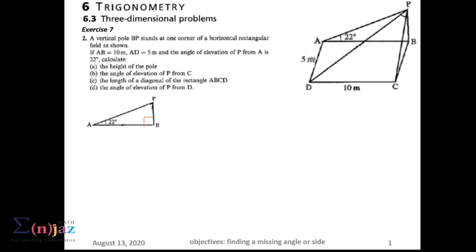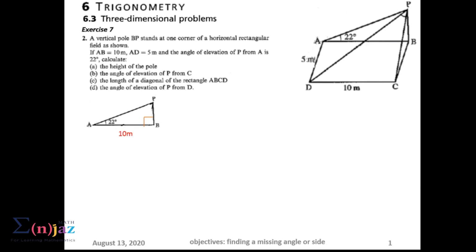So in this triangle, that's my right angle, PBA or ABP. Remember when we used to name any angle using 3 letters. This is given to us, AB, as 10 meter, and what is unknown here is PB.